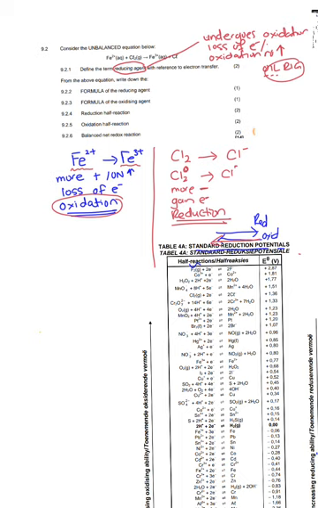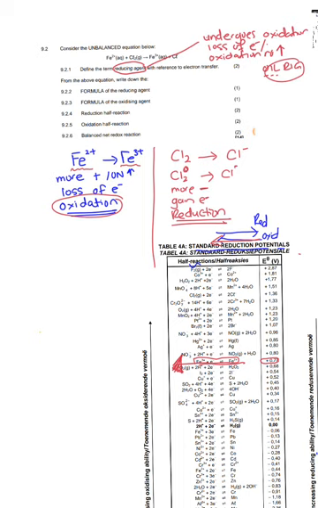So when we're looking at the table, we can see here at 0,77, we've got an equation of Fe3+ and Fe2+ that are linked. Now remember, we've already determined that Fe2+ undergoes oxidation. So we're going to choose the reverse reaction, because on this table, all reverse reactions are oxidation and all forward reactions are reduction.